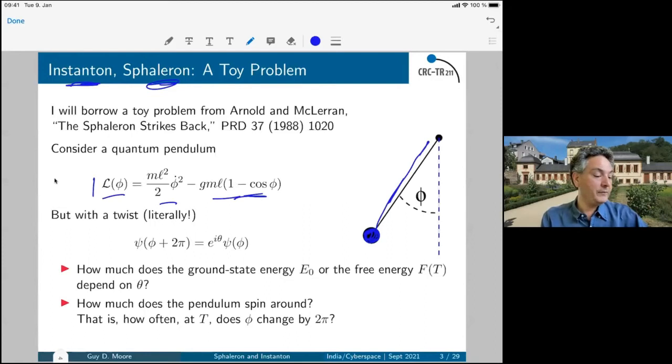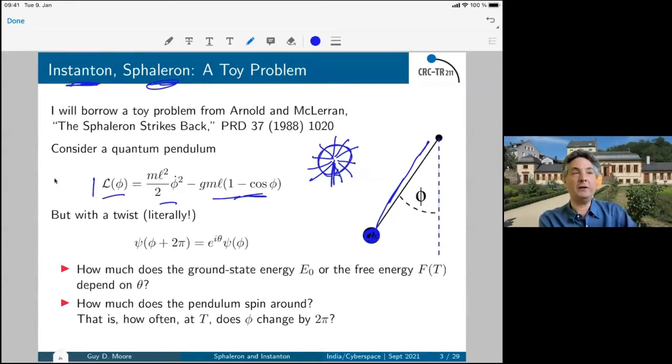Because when this angle phi goes through 360 degrees and the pendulum swings fully around back to its starting position, these two situations, 0 degrees and 360 degrees, are physically equivalent. And so I have to choose a boundary condition for how to treat the wave function when it wraps from 0 to 360 degrees.